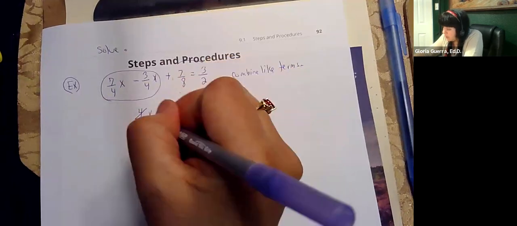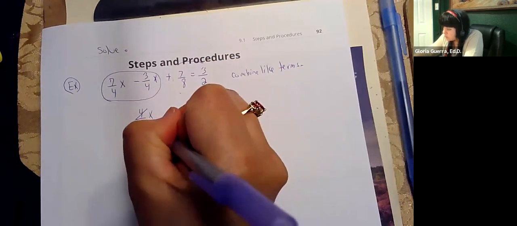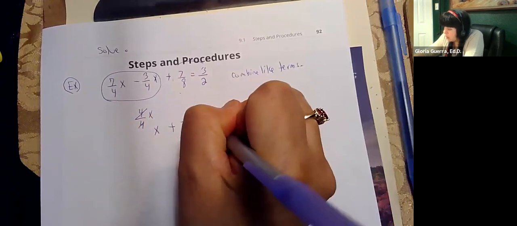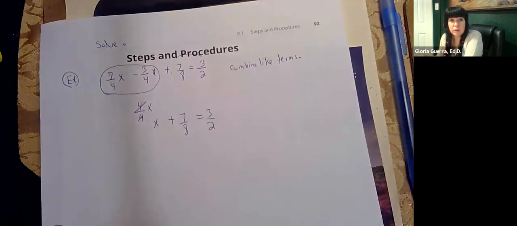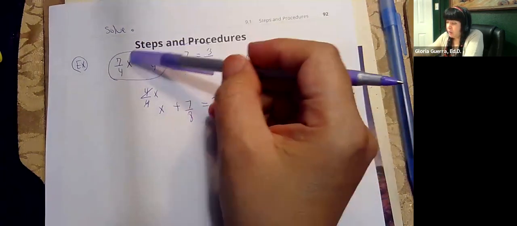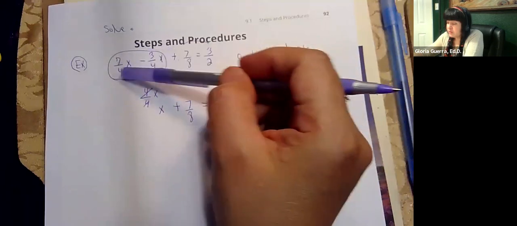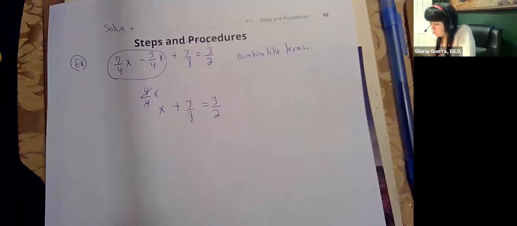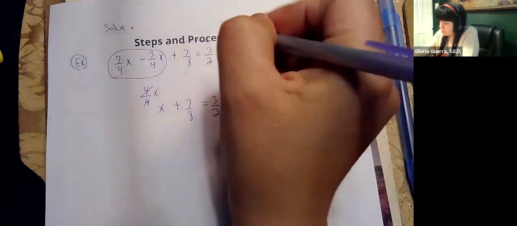So we basically have x plus 7/8 equals 3/2. See how we simplified this side? Combine like terms.